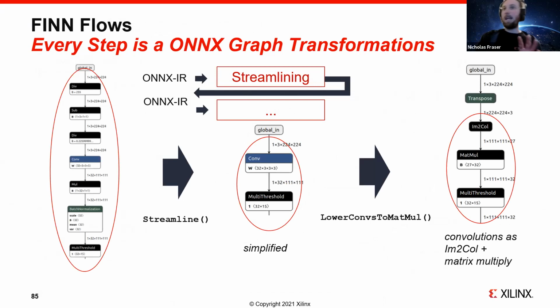So the first stage in FINN is basically what I spoke about before. It's this streamlining step, this part of taking all of the linear operators within the network and combining them into something that's a bit more hardware compatible. And then this next step, we lower that into actually the sort of compute that the hardware does. Unfortunately, I skipped over those slides and I apologize for that.